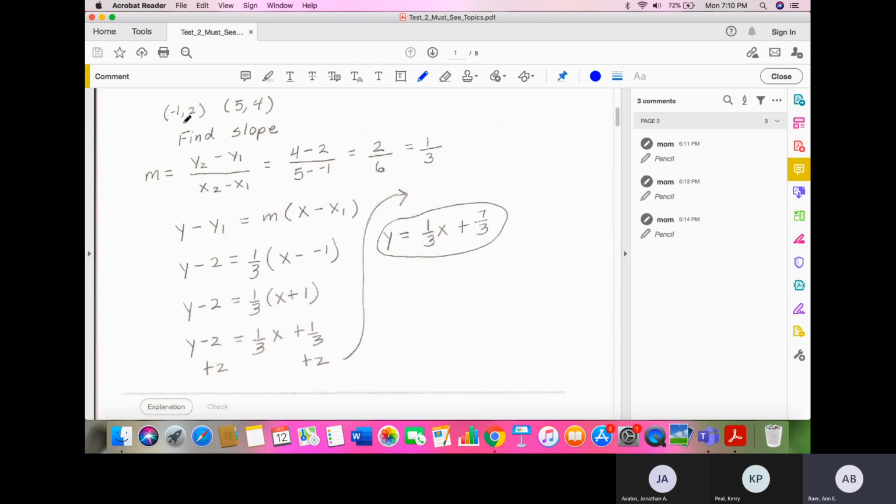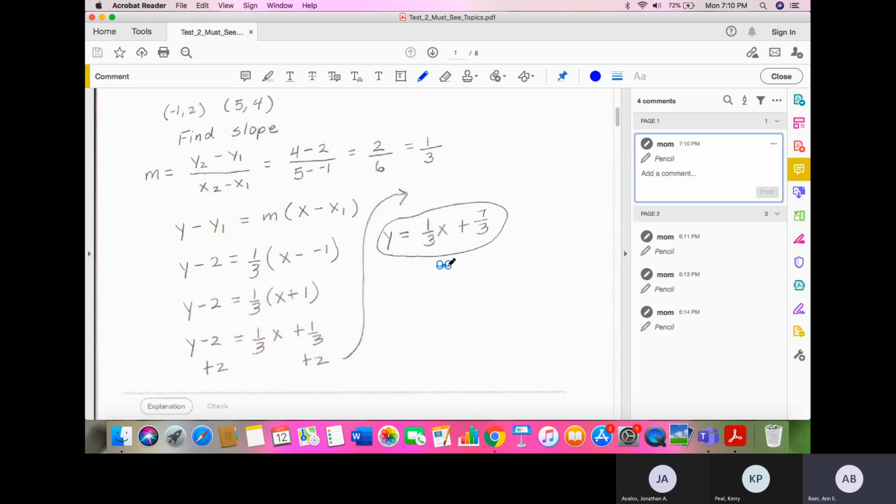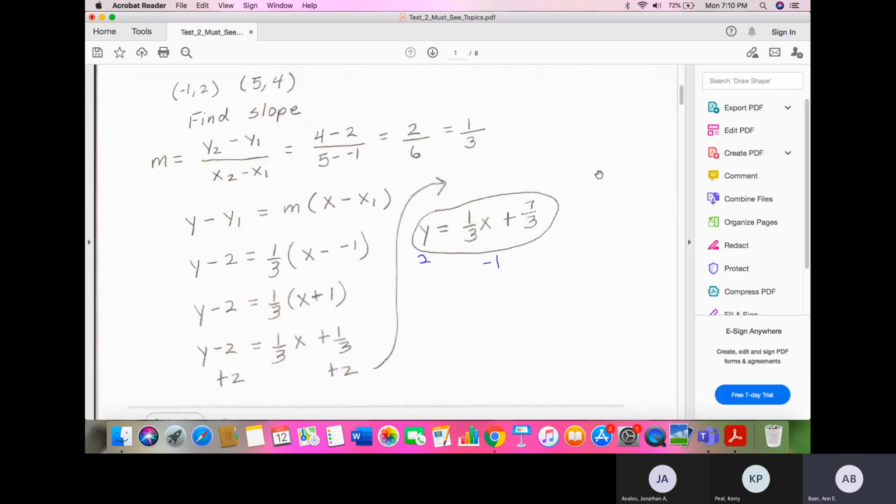If I want to check this point right here to make sure it satisfies the equation, that means x is -1 and y is 2. So in for x, I want to put -1 here, and in for y, I want to put 2. So let's see.